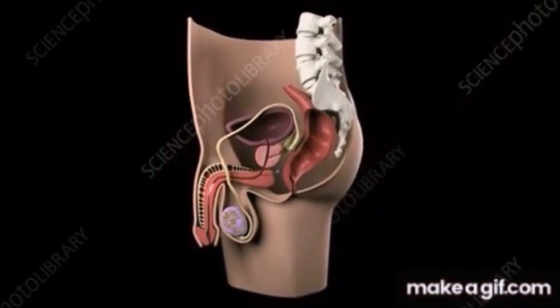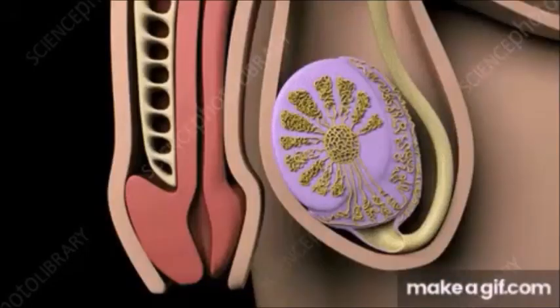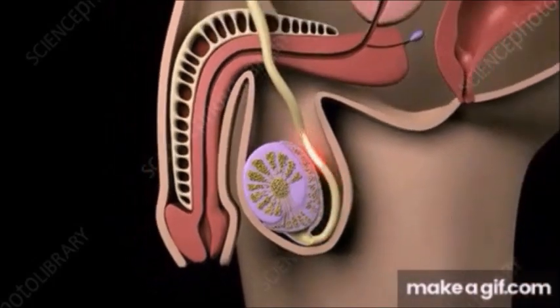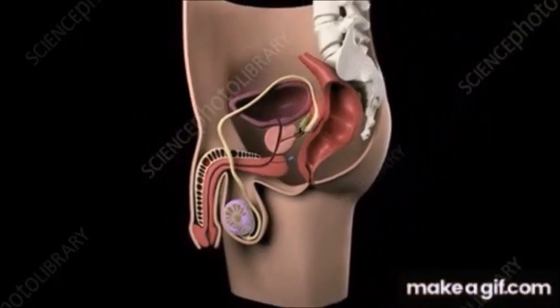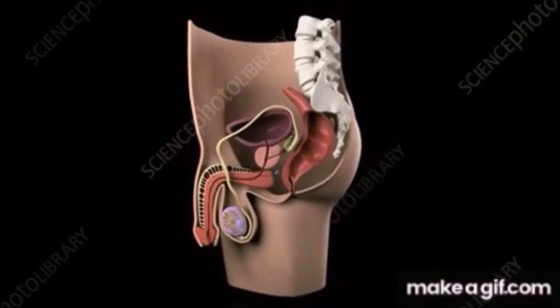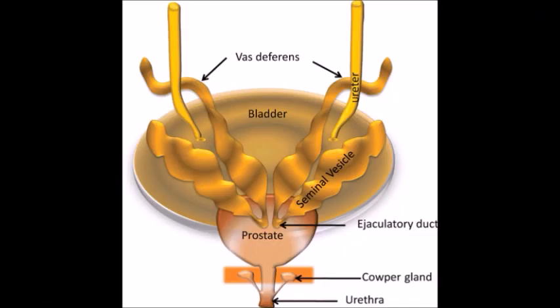The epididymis leads to vas deferens that ascends to the abdomen and loops over the urinary bladder. It receives a duct from the seminal vesicle and then opens into urethra as an ejaculatory duct. These ducts store and transport the sperms from the testis to the outside through urethra.